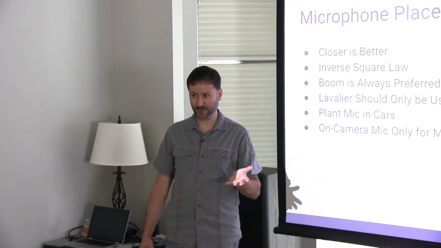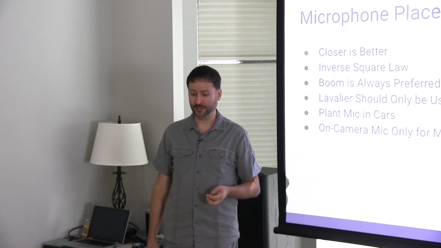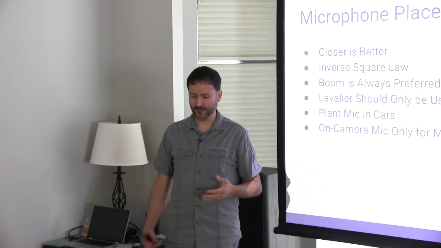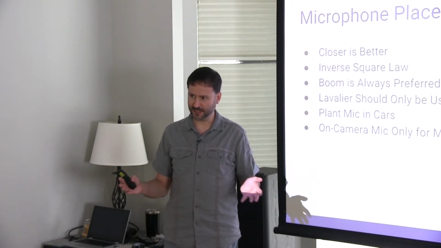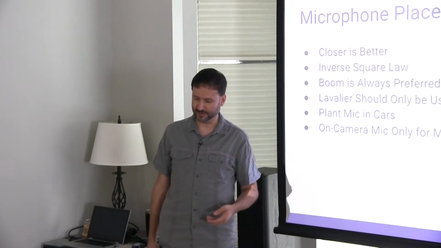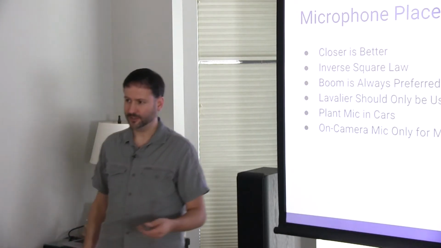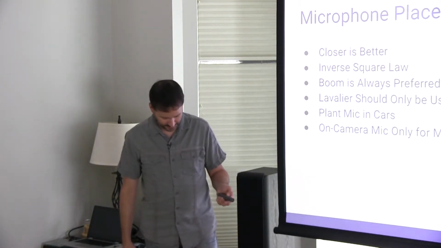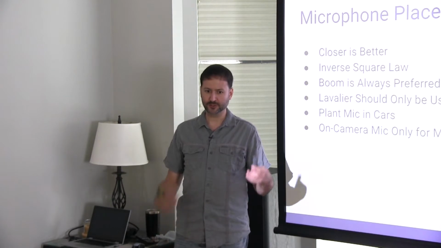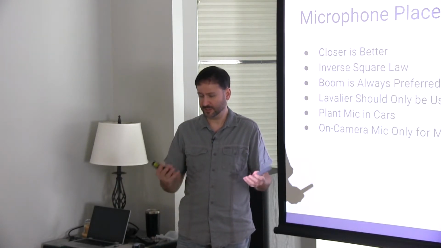So it gets more bass, and it's just more sensitive in general. But the full range of sound that you're going to get from a little bit larger microphone, like what you're going to put on a boom, is a lot better than what you're going to get in a lavalier microphone. And also, there's going to be more self-noise, hiss, in the microphone because it's small.